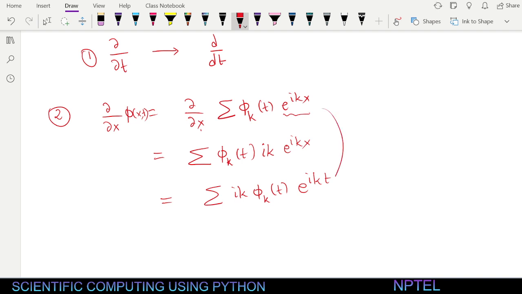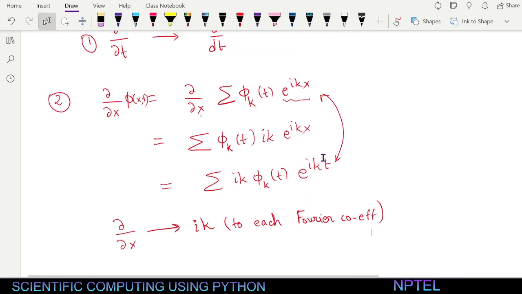So if you compare these two, we see that del by del x, partial with respect to x, has the same effect as multiplying by ik to each Fourier coefficient, right? And this is why things become easy.